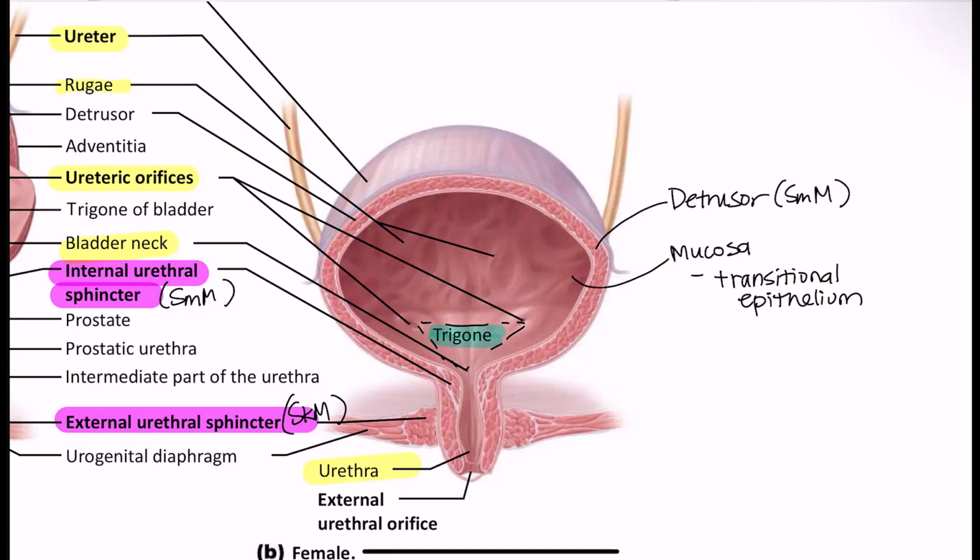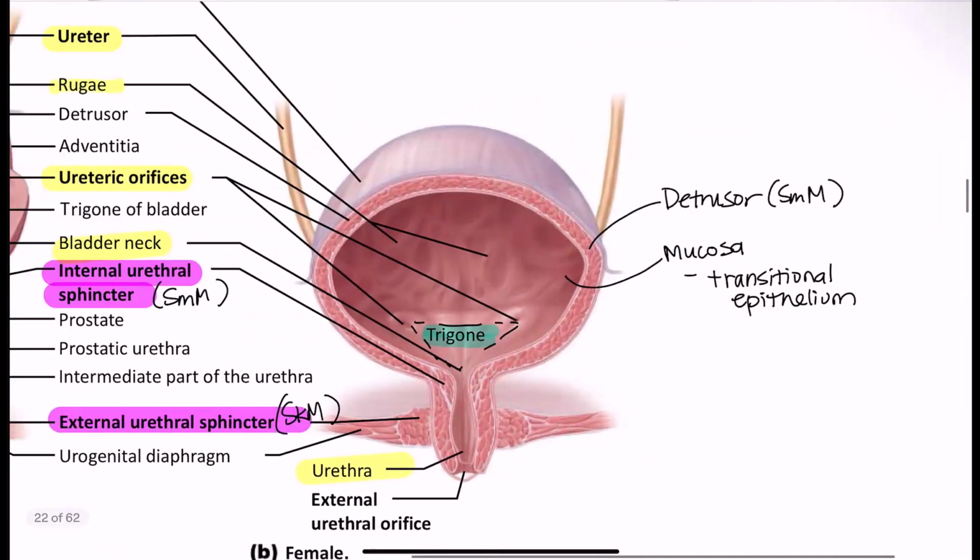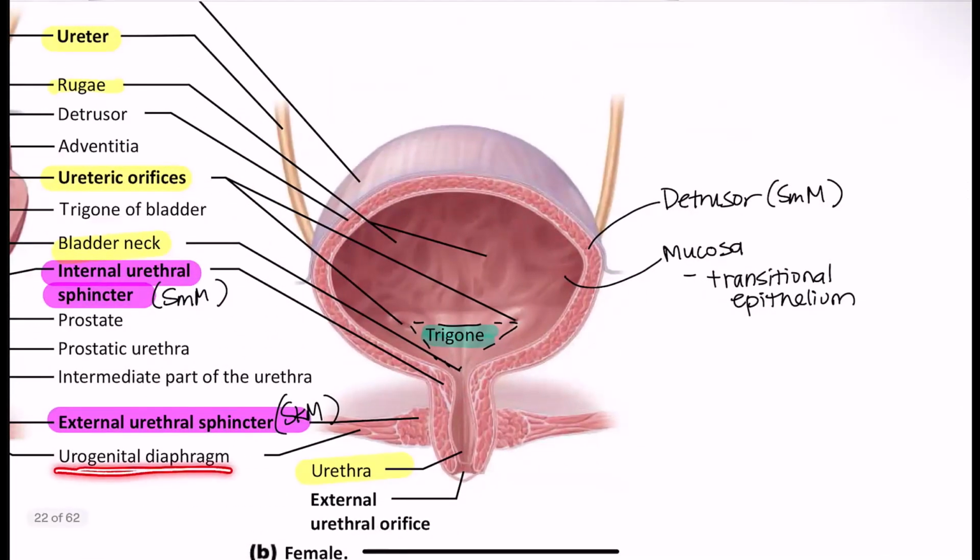The external urethral sphincter sits in this boundary point in between the insides and the outsides, which is called the urogenital diaphragm. And it also helps form the bottom part of the pelvic floor along with the other pelvic floor muscles, but we'll talk about that when we get to repro.